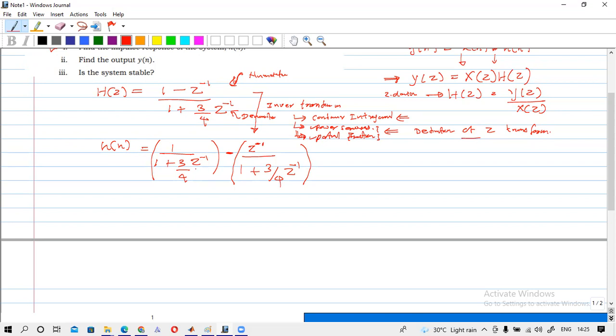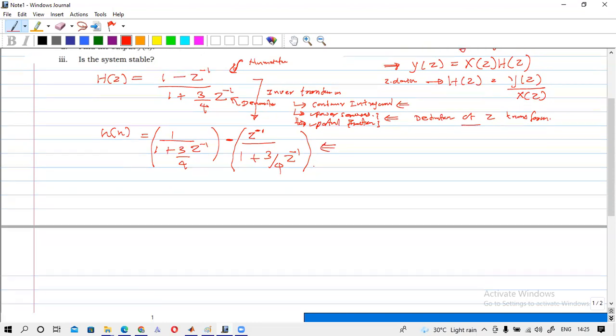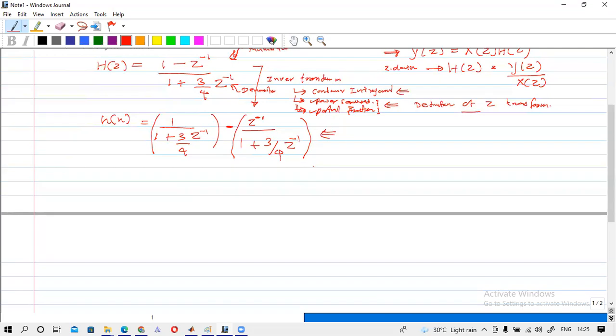You can get the common denominator as 1 by 3 by 4 z minus 1, this part. Then as a numerator, you will get 1 minus z minus 1, correct? This is okay, no? I hope it is okay.